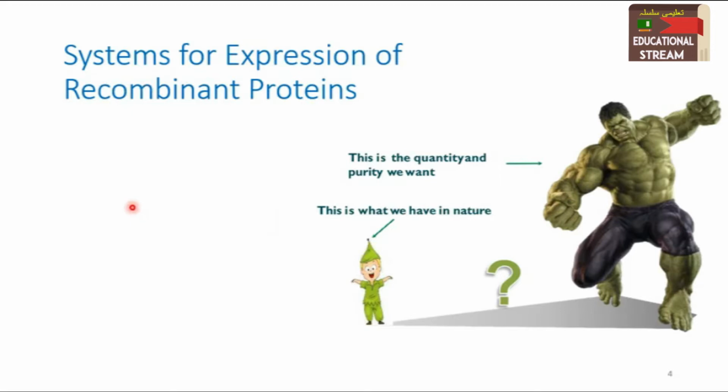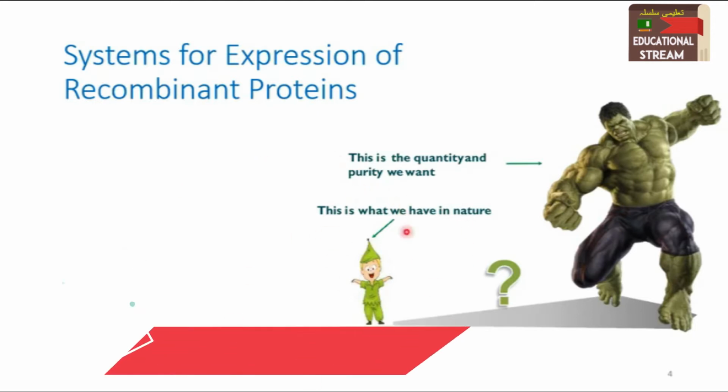In this lecture, we will study the systems which are used for expressing the recombinant protein. Why do we want to express the protein in a host organism? Because if we want to study the function of a protein, or the protein has therapeutic or medicinal importance, then it is very difficult to purify it from the original cell, because it is along with all the other proteins and in a very minute amount.